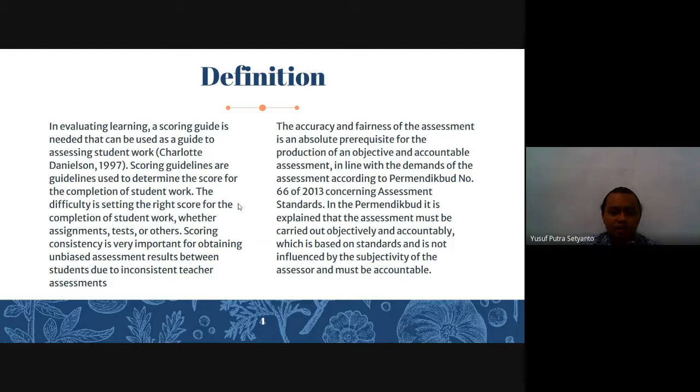In the Permendikbud, it is explained that the assessment must be carried out objectively and accountably, based on standards and not influenced by the subjectivity of the assessor. A good scoring guide will help teachers meet these two assessment principles.